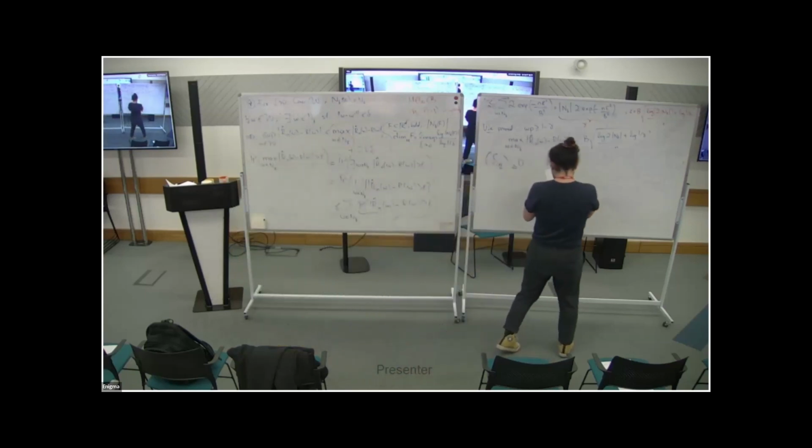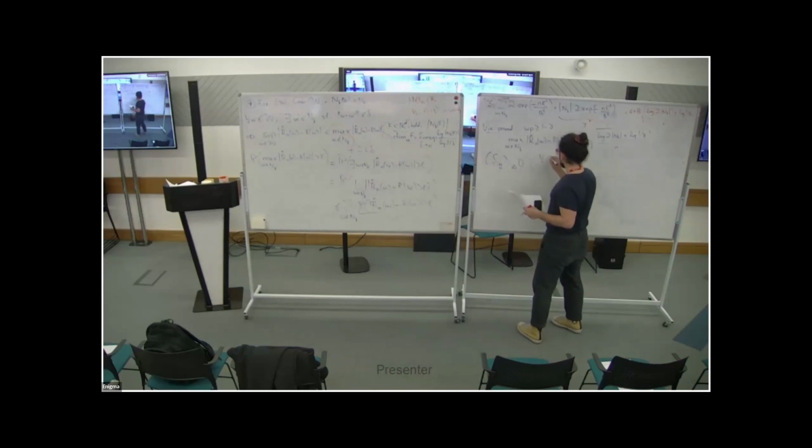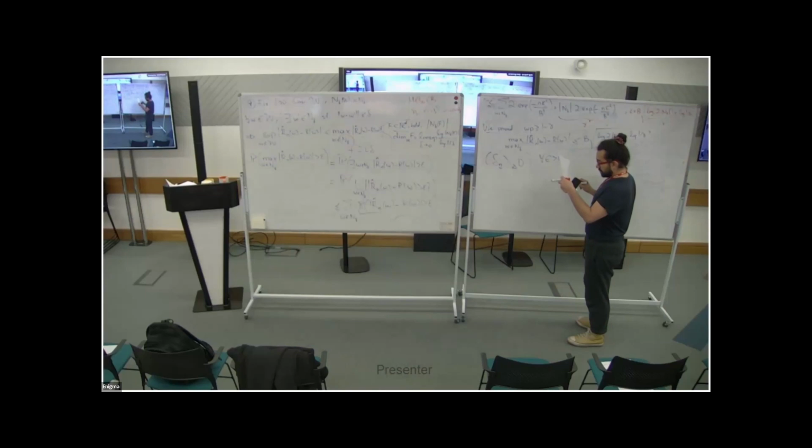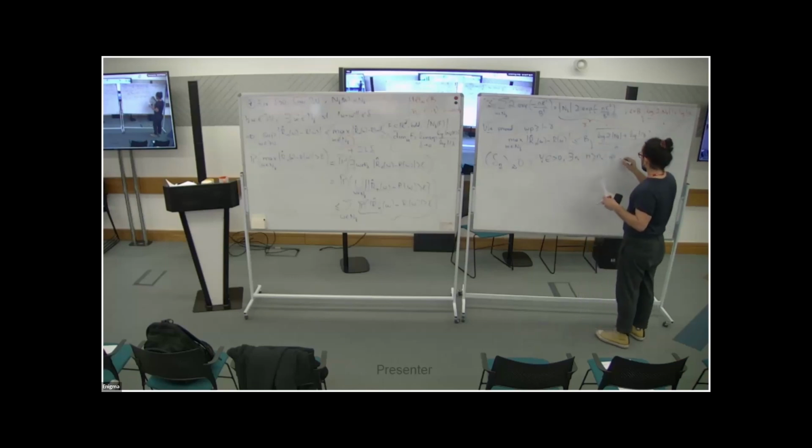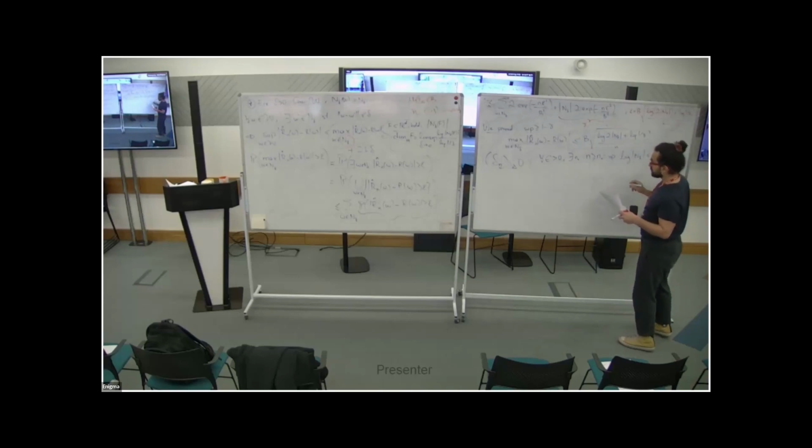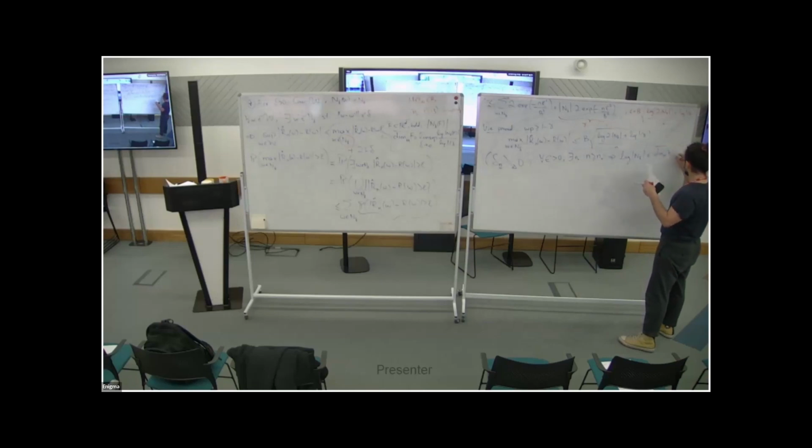And then this means for every epsilon, this time I'm going to use a different epsilon, there exists some n0 such that n larger than n0 implies the log covering number is smaller than the Minkowski dimension of W plus epsilon times log 1 over delta_n. So let's denote this by dm.